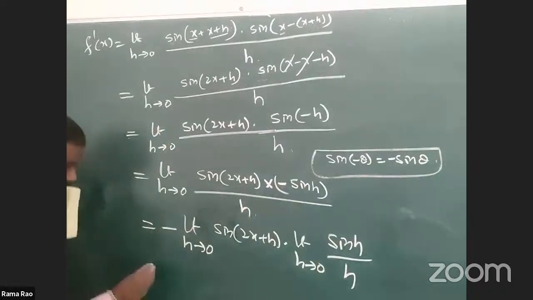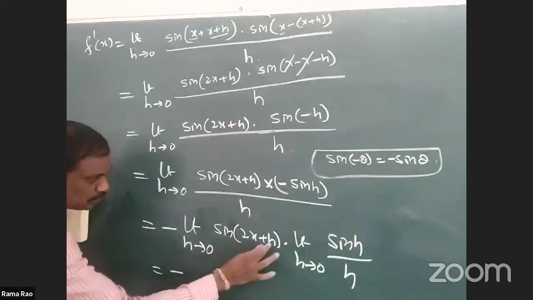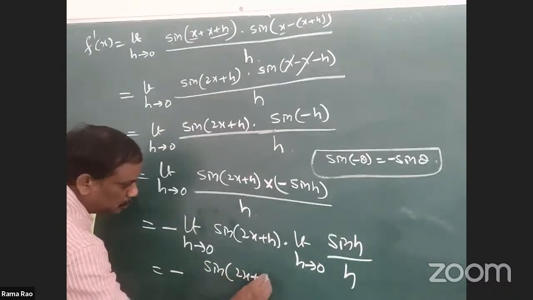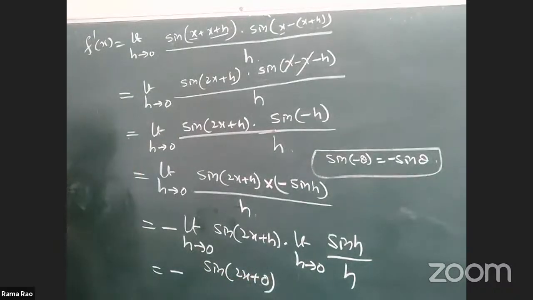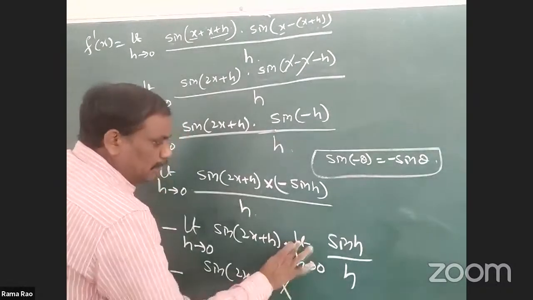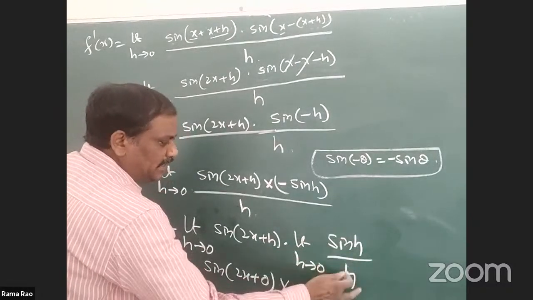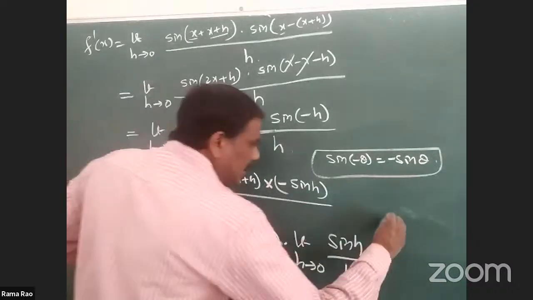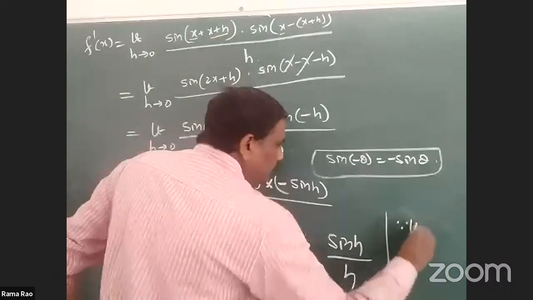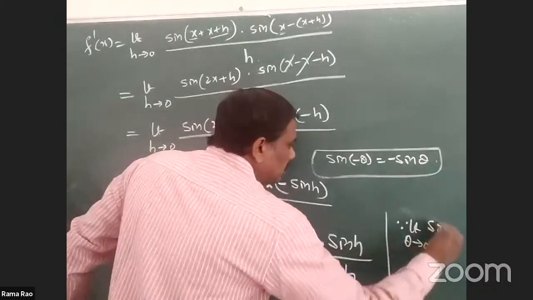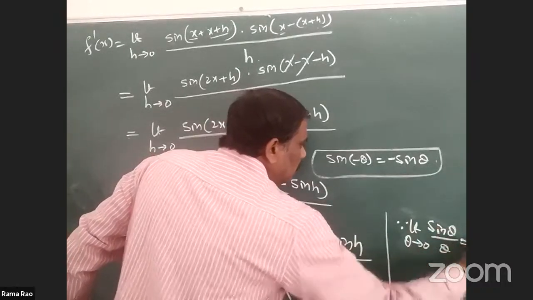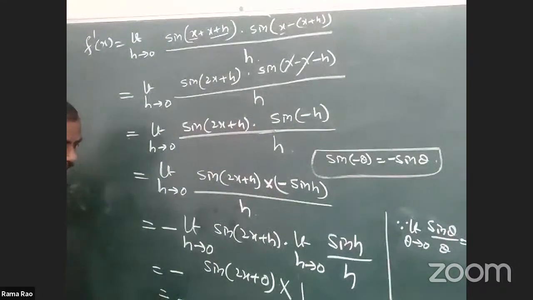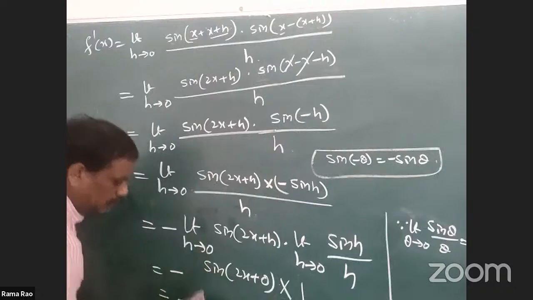Now in place of x, we can substitute 0: sine of 2x plus 0, into limit theta tends to 0 sine theta by theta. We know the value, that is equal to 1. Therefore, this is equal to minus 1 into sine 2x.